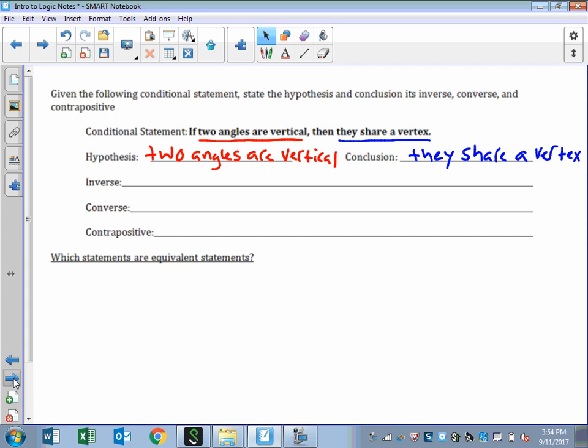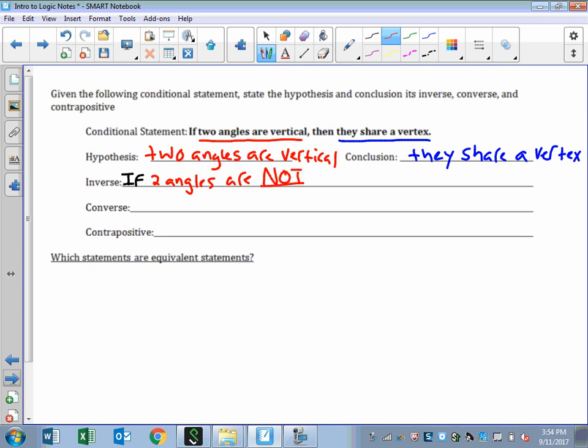The inverse is not P, not Q. So we have: if two angles are not vertical, so we added the not to negate it, then they do not share a vertex.